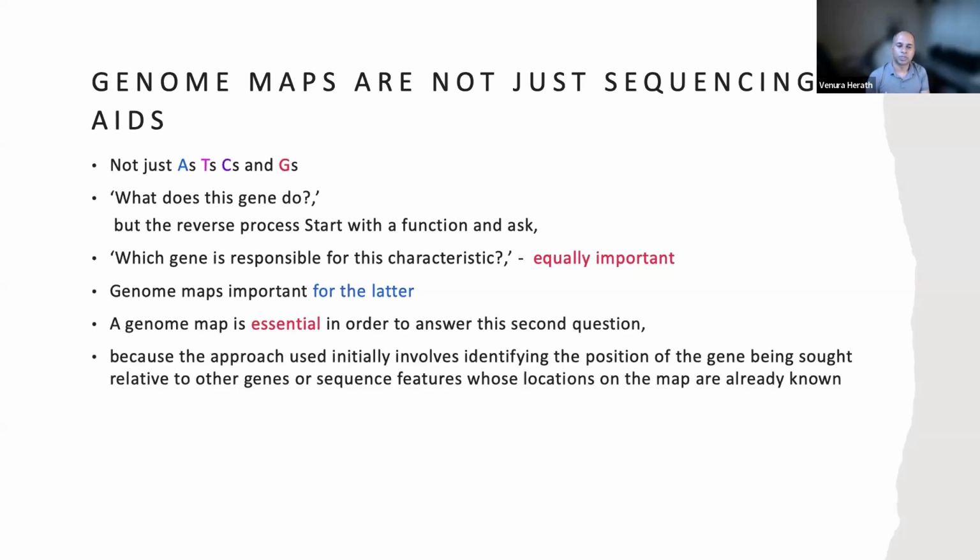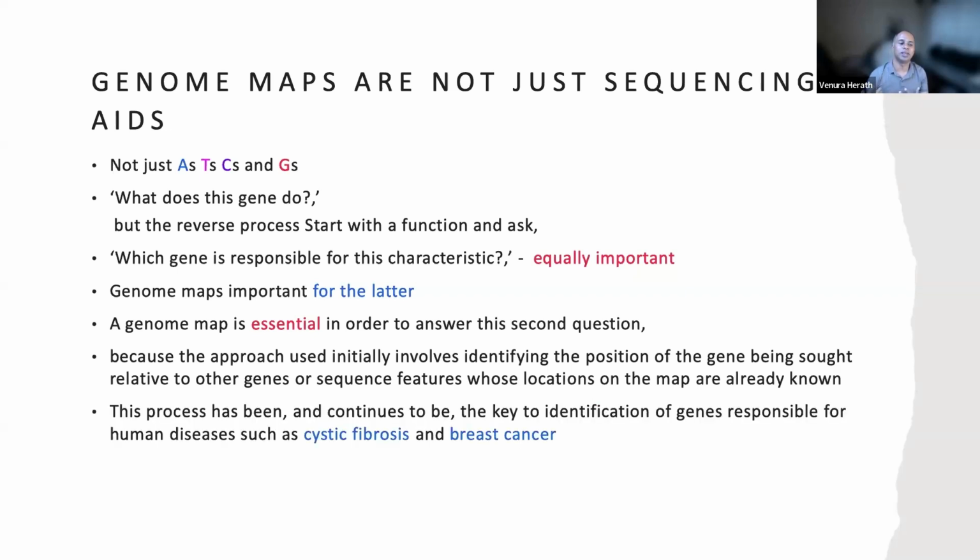The approach used initially involved mapping the positions of the genes being sought relative to other gene sequences whose locations on the map are already known. You might think this is not important, but it helps us identify major human diseases, from cystic fibrosis to breast cancer.